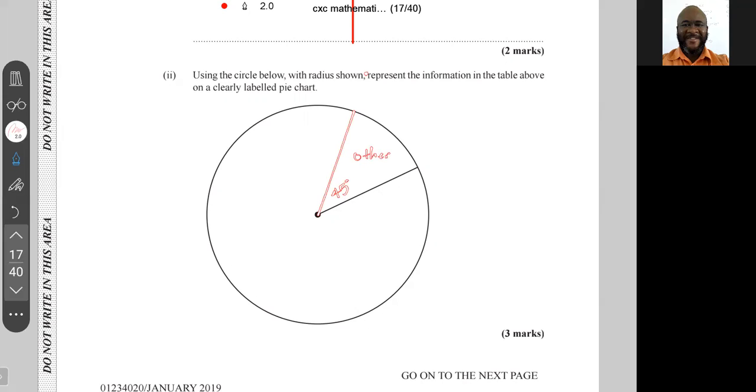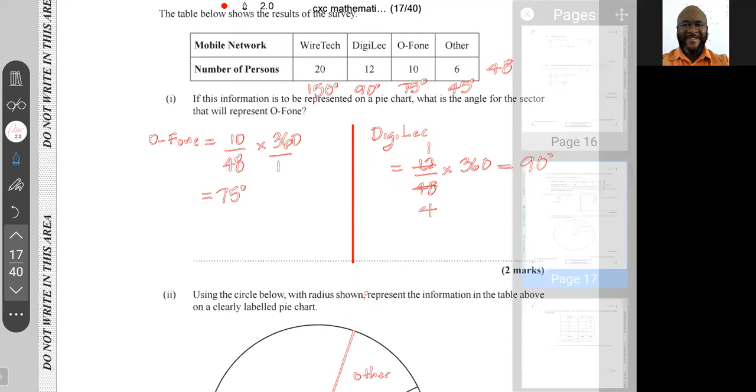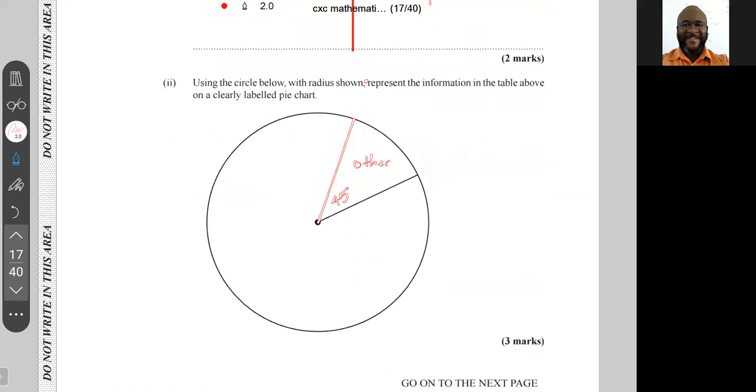The next angle larger than 45 degrees is 75 degrees, which corresponds with Ophone. So the last line that I draw is going to become my new 0 line. And from that line, I'm going to measure off 75 degrees. The center of the protractor goes to the center of the circle, 10, 20, 30, 40, 50, 60, 70, and this is 75.